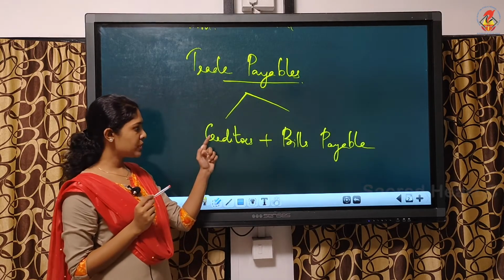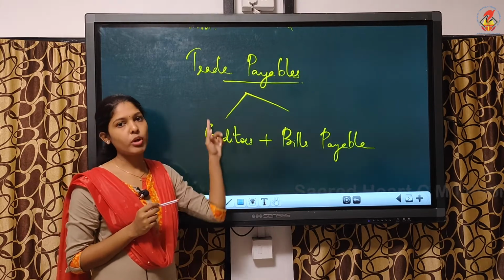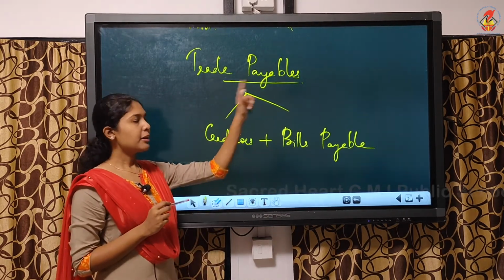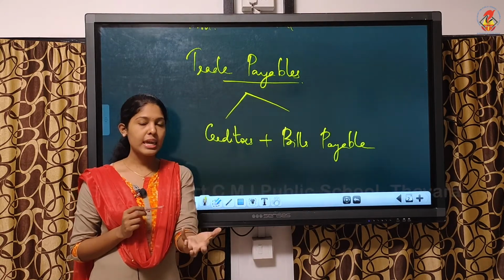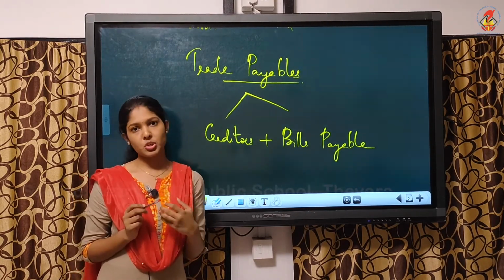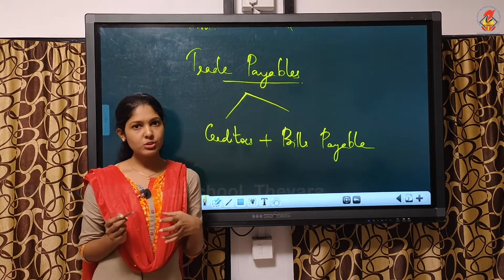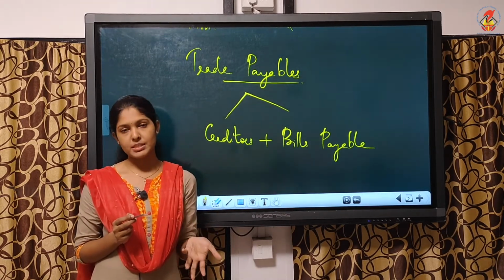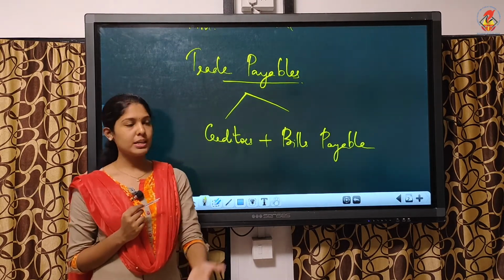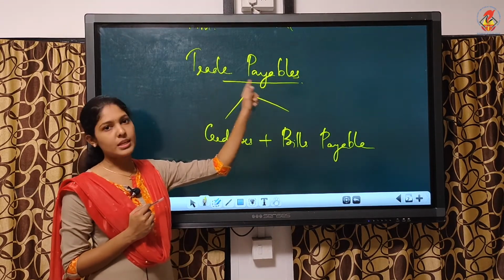Don't get confused between creditors and debtors, that you have to learn carefully. Trade payables, what can be the meaning? It is the amount payable against purchase of goods or services. If you purchase goods or services on credit, that means only on a later date we will make the payment. That time you have payable, that's a liability for you. So this is trade payables.